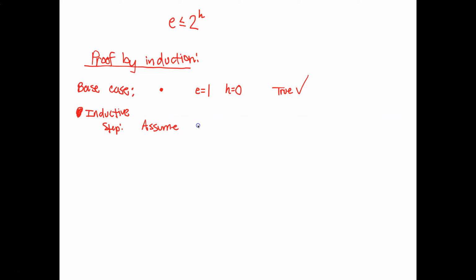So again, let's distinguish that by showing that the number of external nodes in our left tree is less than or equal to 2 to the power of the height of our left tree, and that the same is true for our right tree. So the number of external nodes in our right tree is less than or equal to 2 to the power of the height of our right tree.